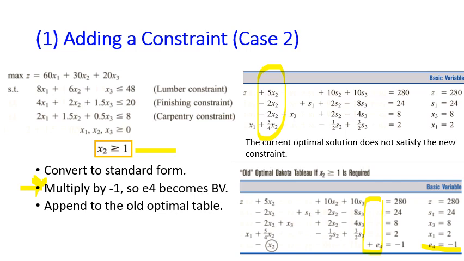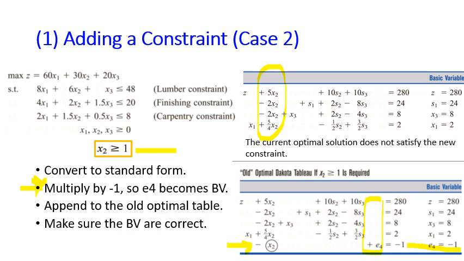So here's the new table after we append the new constraint to the optimal table. But remember that before you append the constraint, you need to convert it to standard form and multiply by minus 1, such that this row has the basic variable E4 equals minus 1. And then make sure all the basic variables are correct.